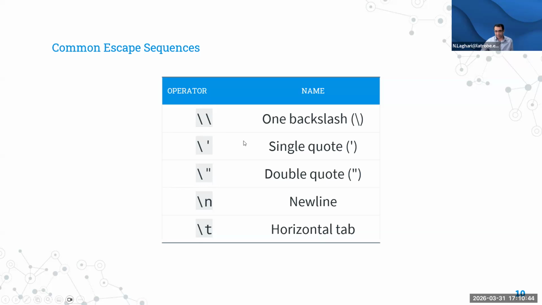If the string is in single quotes and we want to print double quotes, we can simply use them. But if the string itself is enclosed in double quotes, then we need to use the escape character. For new line, we know that we have backslash n. For the horizontal tab, or a few spaces, I believe it is 8 spaces by default, the tab is backslash t.